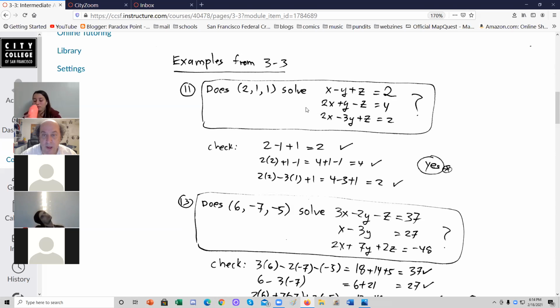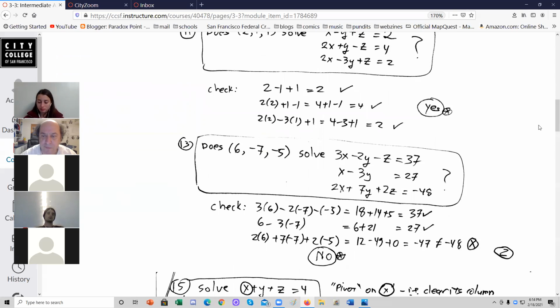Check. The second, twice 2 plus 1 minus 1, does equal 4. Check. The third is 2 times 2 minus 3 times 1 plus 1, that's 4 minus 3 plus 1, which does equal 2. Check. So this number triple does solve this linear system.